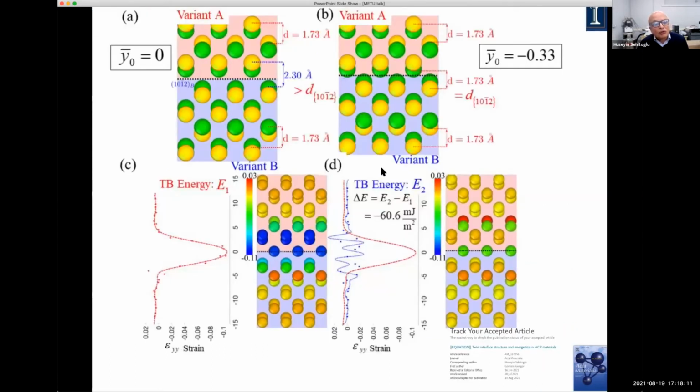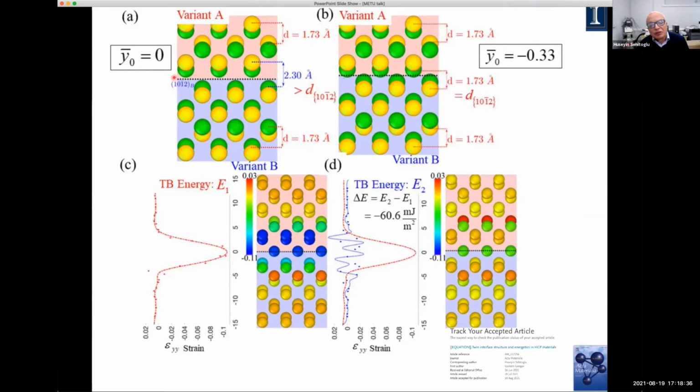What we found is that to minimize the energies, we need to offset the atoms by a certain amount. And again, we have typically these offsets at the boundaries to preserve the lattice spacing across the twin.